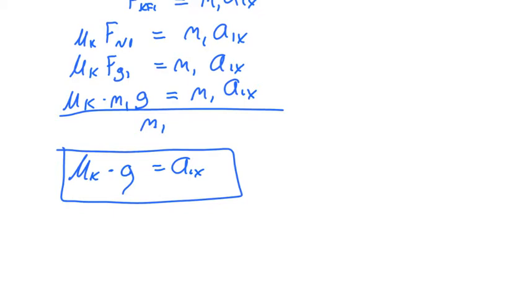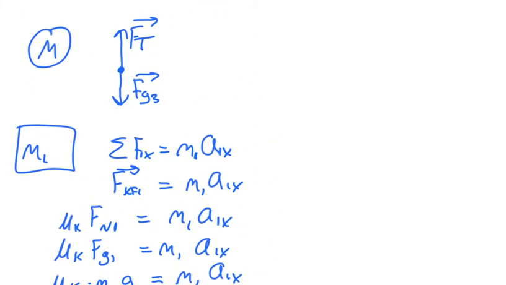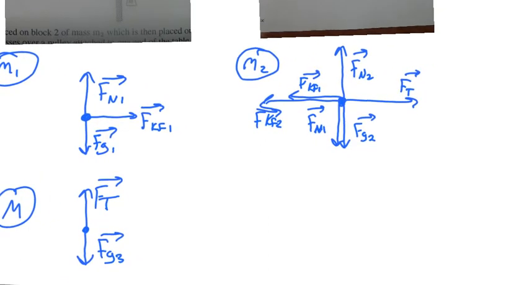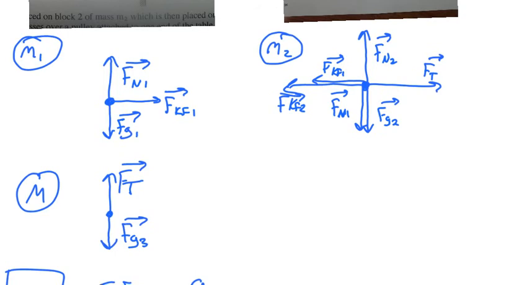Now for the second block, we've got more forces acting on that one, but the process is going to be much the same. Now, I mentioned earlier that sometimes it makes sense to do systems of equations, sometimes it makes sense to leave them separately as objects. When I look at M2 and big M, I see that those two are going to be moving together.